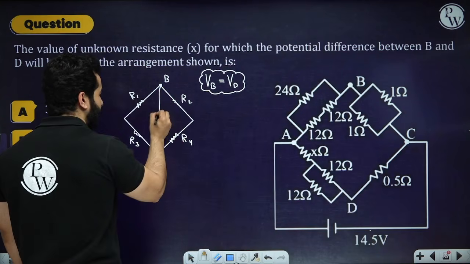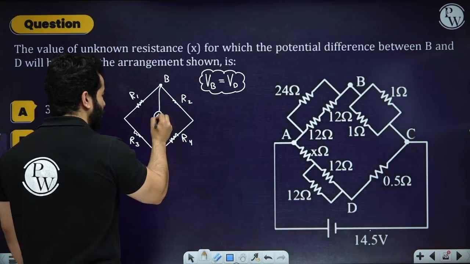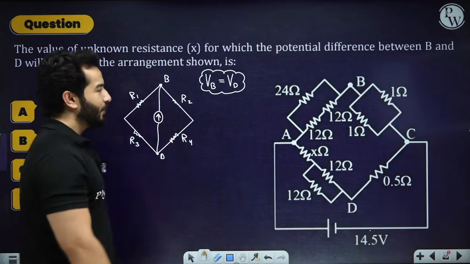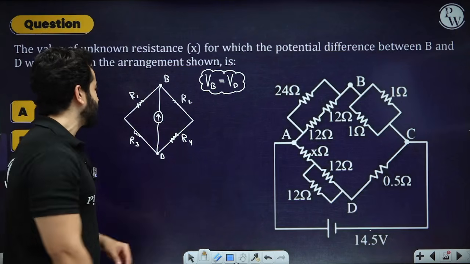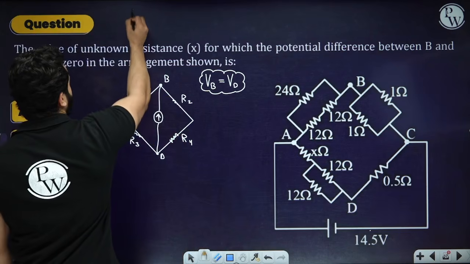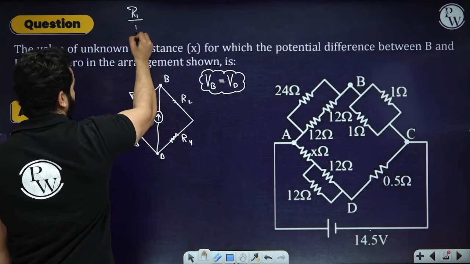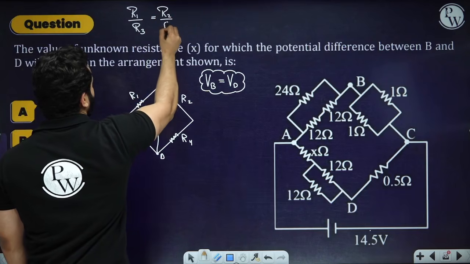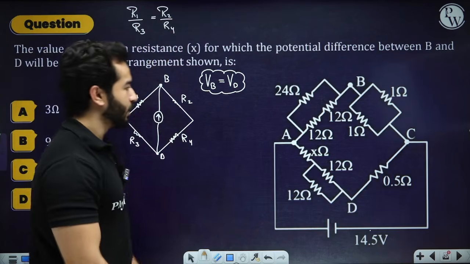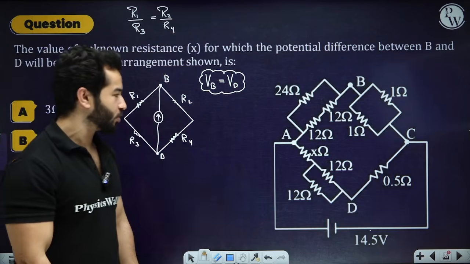If I connect a galvanometer over here, it will show a zero deflection. Why? Because a galvanometer reads current and there will be no current because the potential difference is the same. And if this is the case, the condition is R1 upon R3 is equal to R2 upon R4. So this is the condition for a balanced Wheatstone bridge.